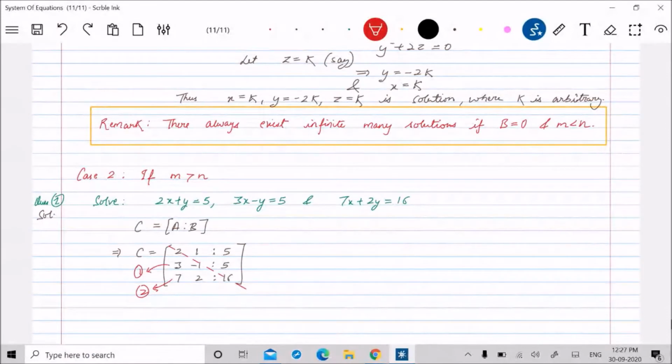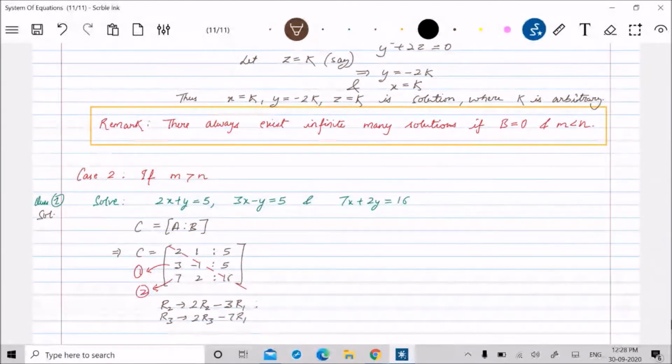So first I will try to make 0 this target number 1 and target number 2 by applying the row operation. Like R2 implies twice of R2 minus thrice of R1, and R3 implies twice of R3 minus 7 times of R1. So these are the operations which should be used to have the form which is close to a echelon form.